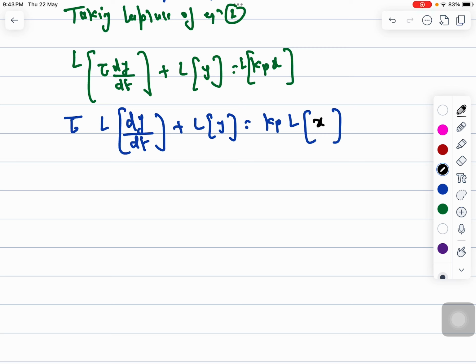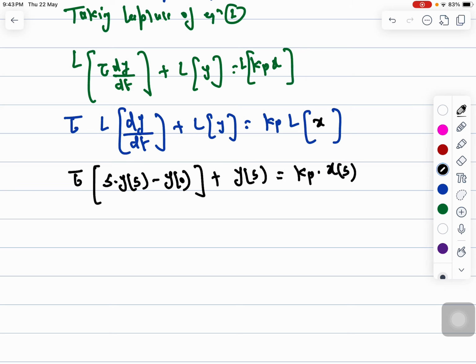So I can write tau, and if I take the Laplace of the first order derivative, I can write s into Y(s) minus y0, plus Y(s), equals kp into X(s). Is that clear?